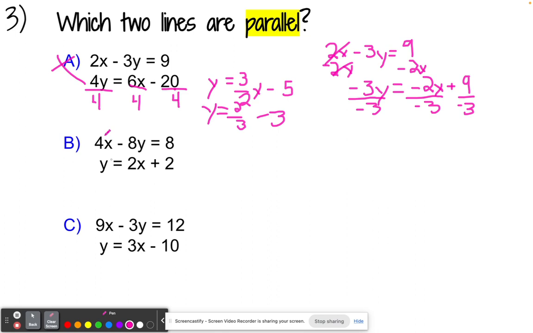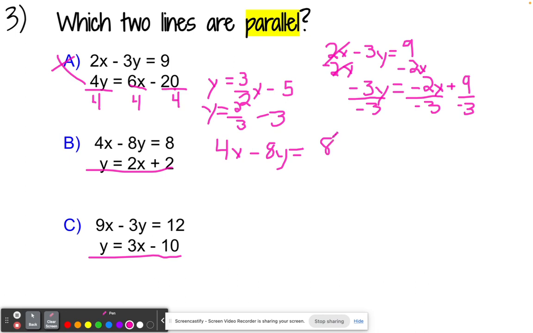Let's look at my next one here. This one is in standard form. This one's already written in slope-intercept form. So is this one. That's going to make that a little easier. So let's rewrite this one in slope-intercept form. I have 4x minus 8y equals 8.